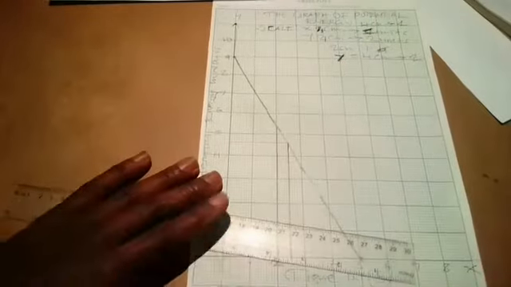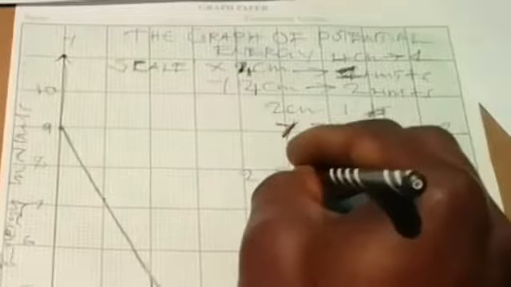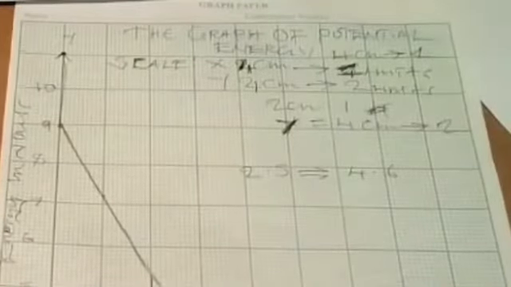So I have something like 4 here. 4.1, 4.2, 4.3, 4.4, 4.5, 4.6. So I have 4.6. So 2.5 is giving me 4.6.